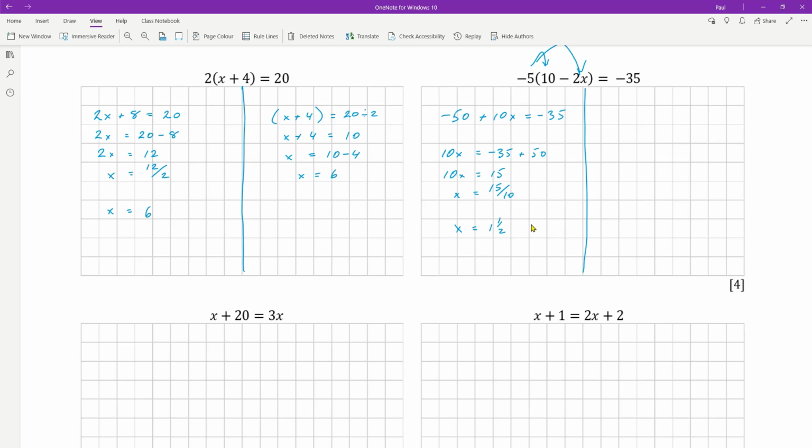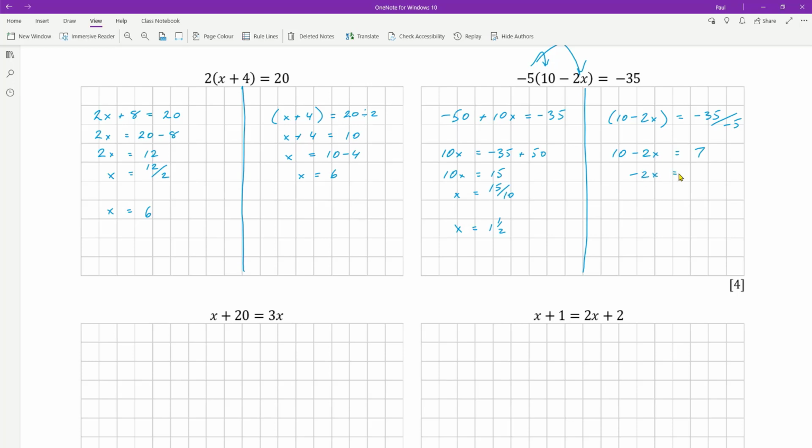If I do it the other way, I'm just going to do the times by the brackets. Brackets comes last, remember BEDMAS in reverse. 10 minus 2x is equal to minus 35 divided by minus 5. So 10 minus 2x is equal to 7. Negative and negative make a positive.